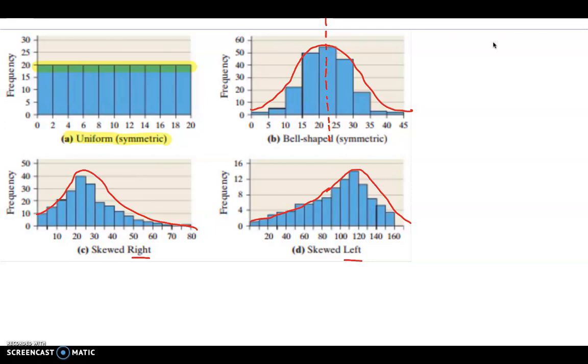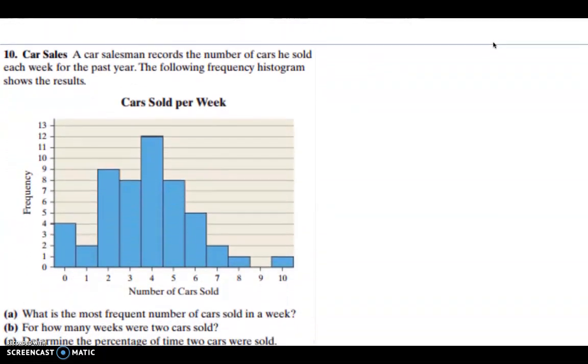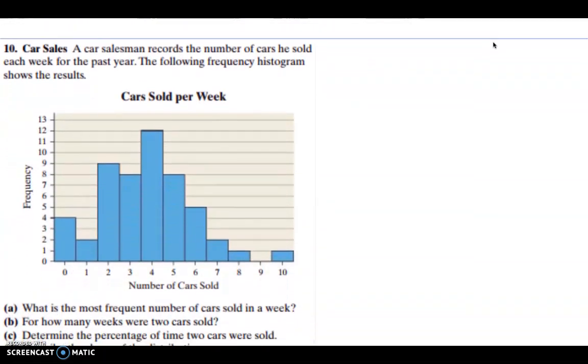Right skewed tails off to the right. Left skewed, that tail will head out to the left. These are going to be the most used and most seen in this class.